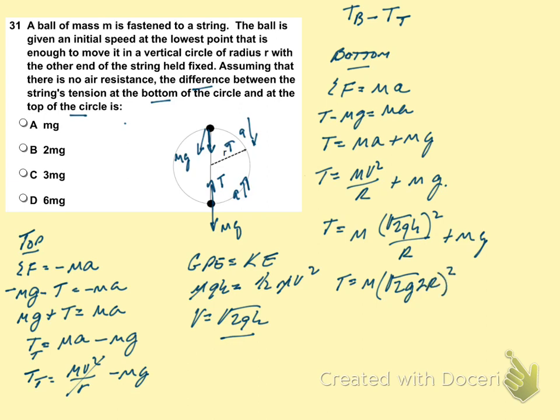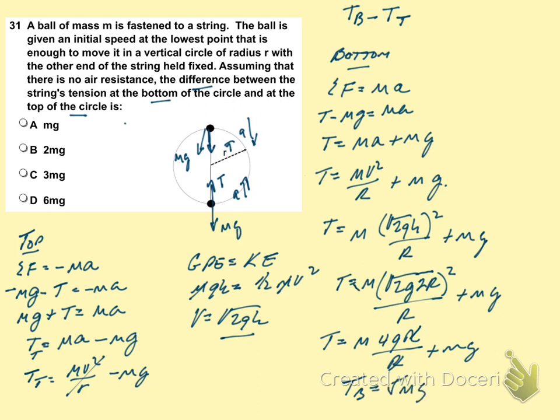We have to square that whole thing all over r plus mg. So the 2g, 2r has to be squared. So the radical goes away, so that would be 4gr over r plus mg. The r's would cancel. So we have 4mg plus mg. The tension at the bottom is 5mg.